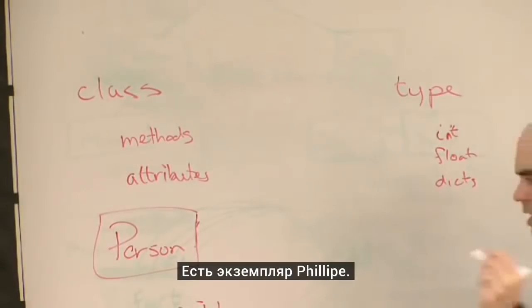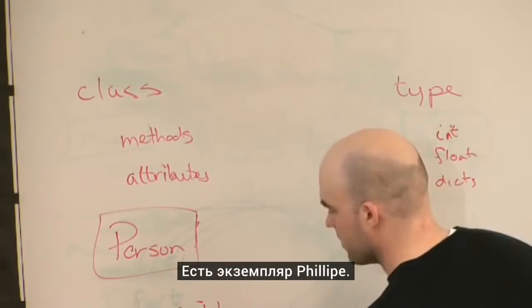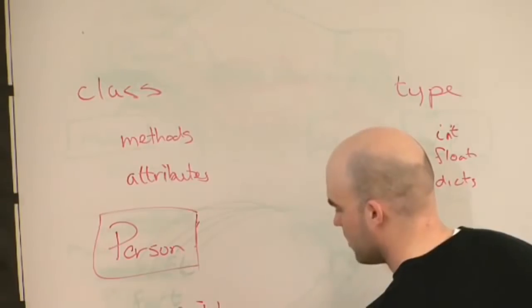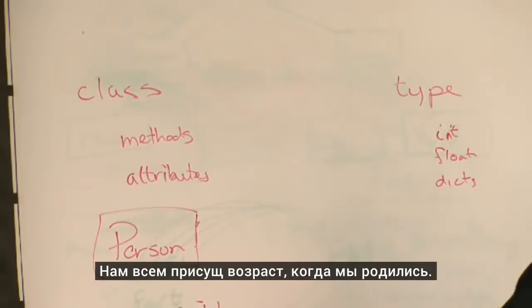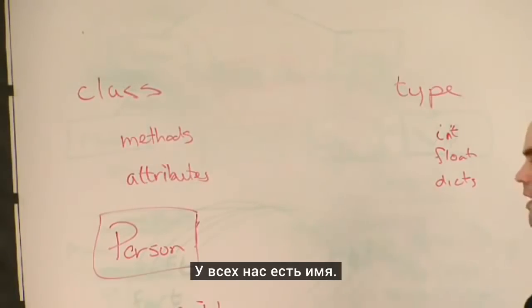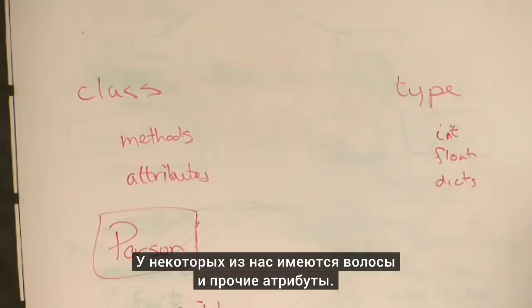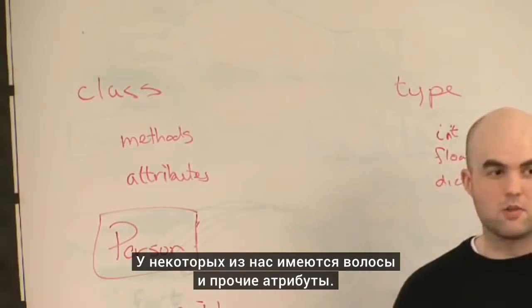There's an instance of Philippe. We're all people, all right? Mostly human. And we all have attributes. So, you know, we all have an age, like when we were born. We all have a name. Some of us have hair and other attributes, right?